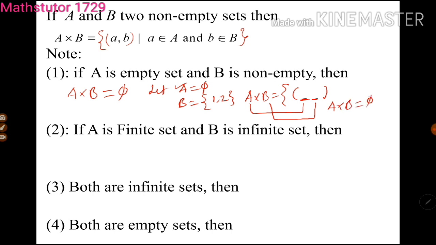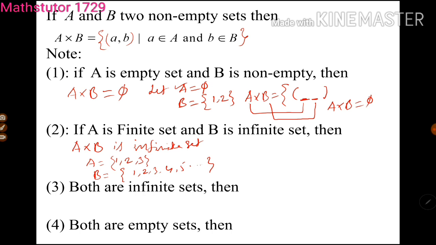Now come to the second one. If A is a finite set and B is an infinite set, then what is A cross B? A cross B is also an infinite set. Because, for example, A is equal to {1, 2, 3} and B is equal to {1, 2, 3, 4, 5, and so on}. It is an infinite set.